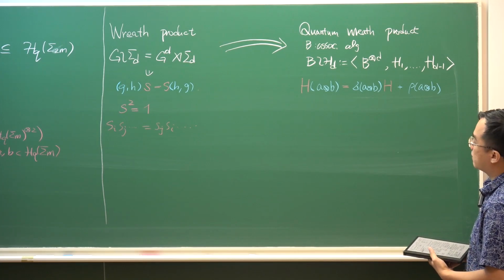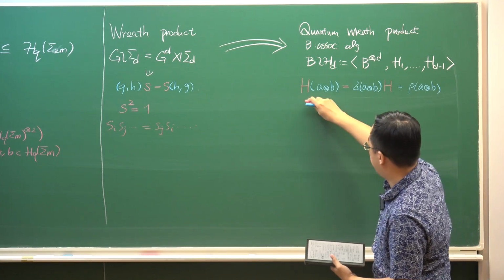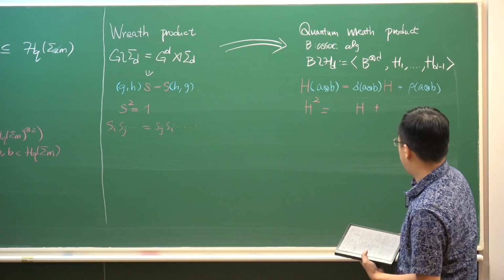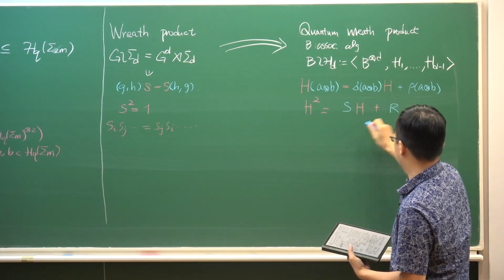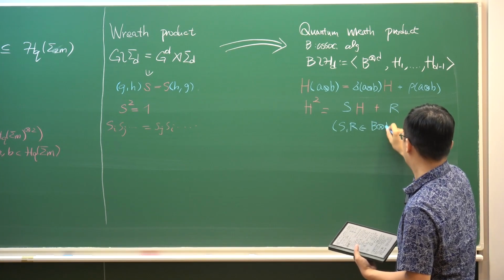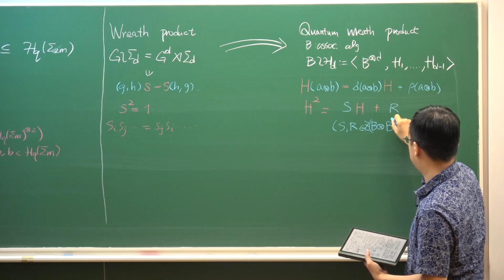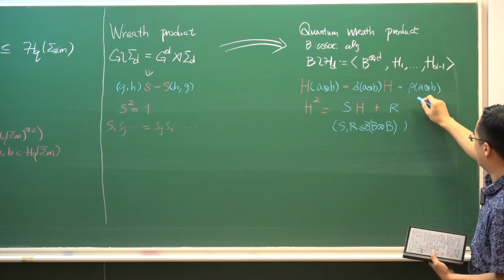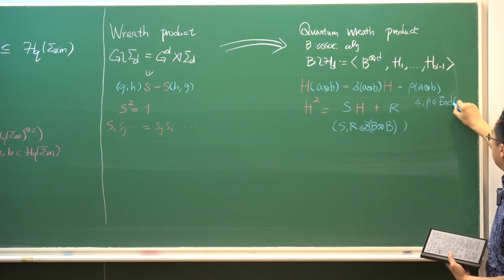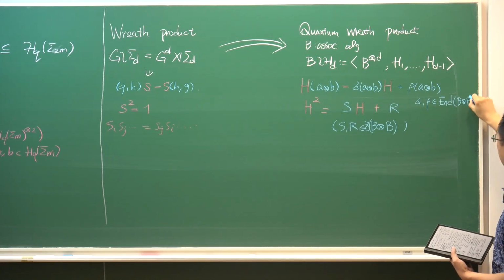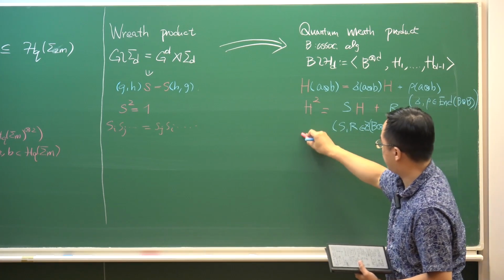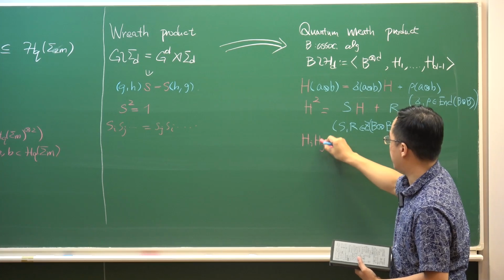And then for the quadratic relation, you have H squared equals S H plus R, for some S and R being elements actually in the center of B tensor B. Maybe I should also write here that rho, sigma, R are endomorphisms on B tensor B. And finally, you have the same braid relation.